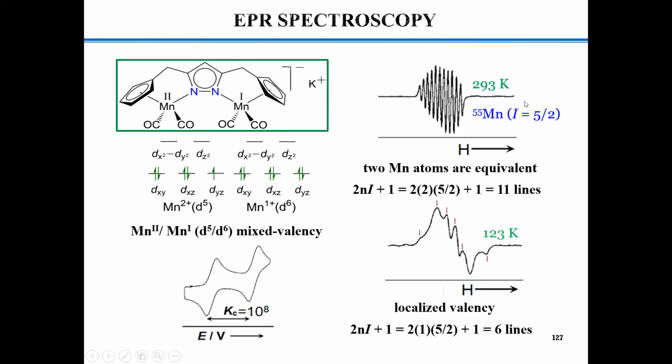Now, this molecule at room temperature, it gives us 11 lines. You can check, 11 lines. But at low temperature, it gives us only 6 lines. 1, 2, 3, 4, 5, 6. This tells us one more factor over here. That means the electron transfer rate is a function of temperature for certain molecules.